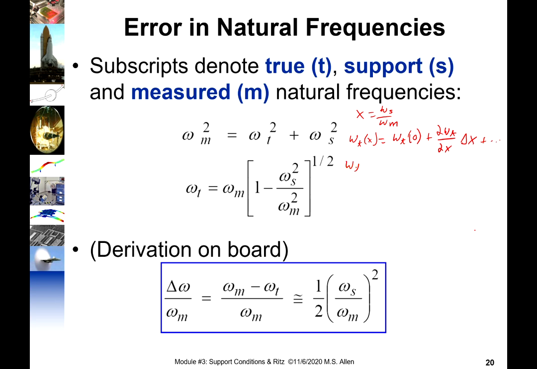So if we do this, we take this equation and evaluate it at x equals 0, and this part all disappears at 0. So that's just the measured natural frequency. And then if we take the derivative, we would get the measured natural frequency times 1 minus x squared to the 1/2.